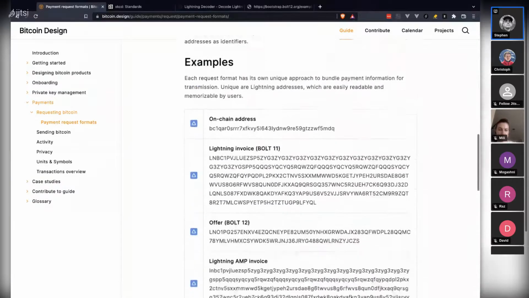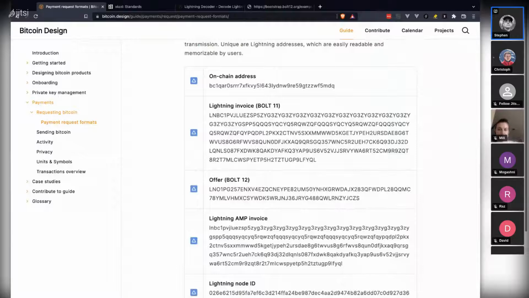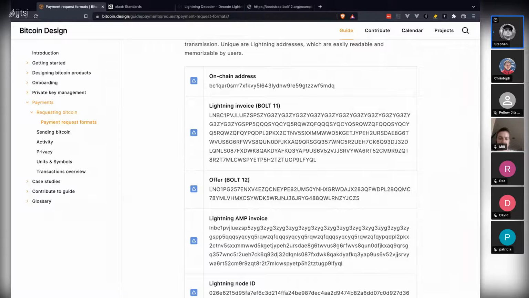The offer can stay around forever, so it's super helpful for donations and other kinds of use cases. Yeah, that's a good point. Thank you. Because I guess with Bolt 12, you could just generate a QR code and put it on your website or in your Twitter bio or whatever, and anyone in the world could use it, and it would be secure.